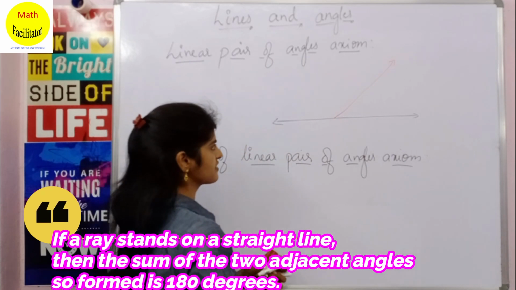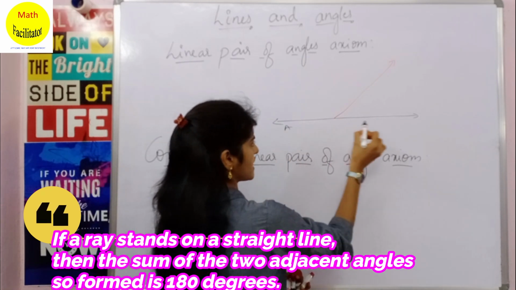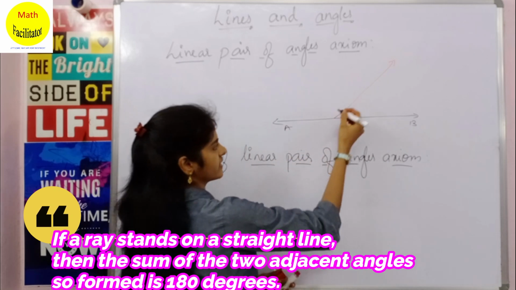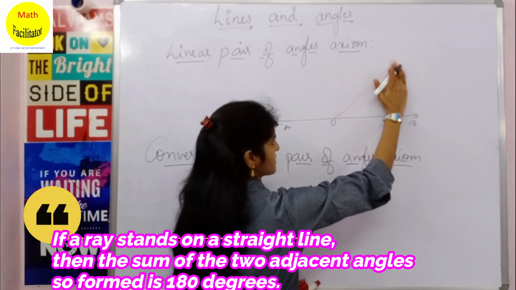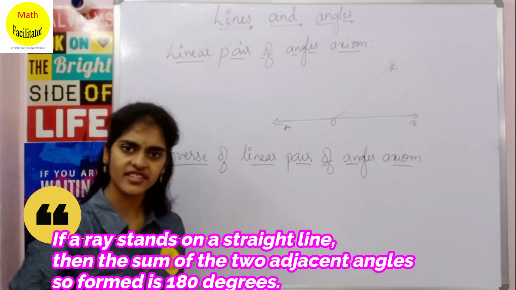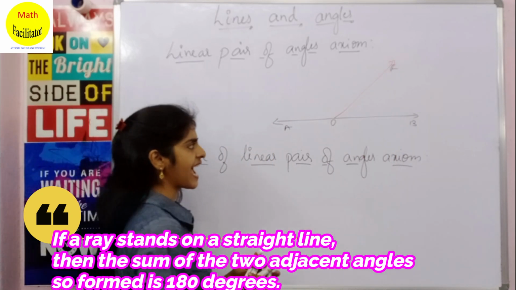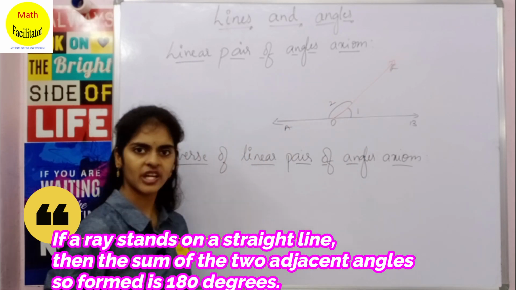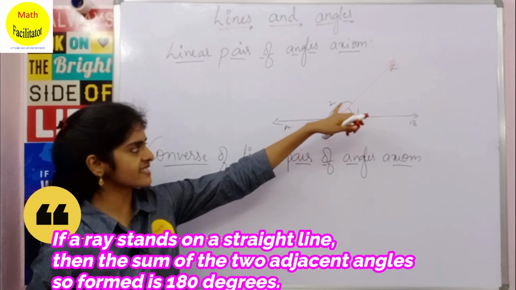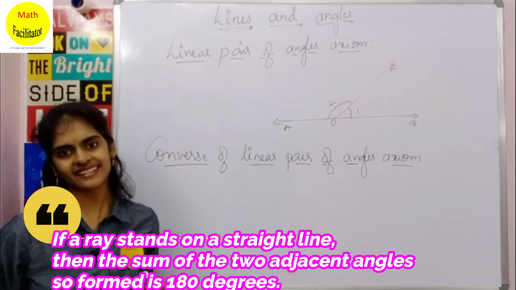Suppose I take this line as AB. Now this ray is standing on the straight line. Let it be OC. OC is standing on the straight line. The angles so formed: this is angle 1, this is angle 2. The sum of these angles is 180 degrees.